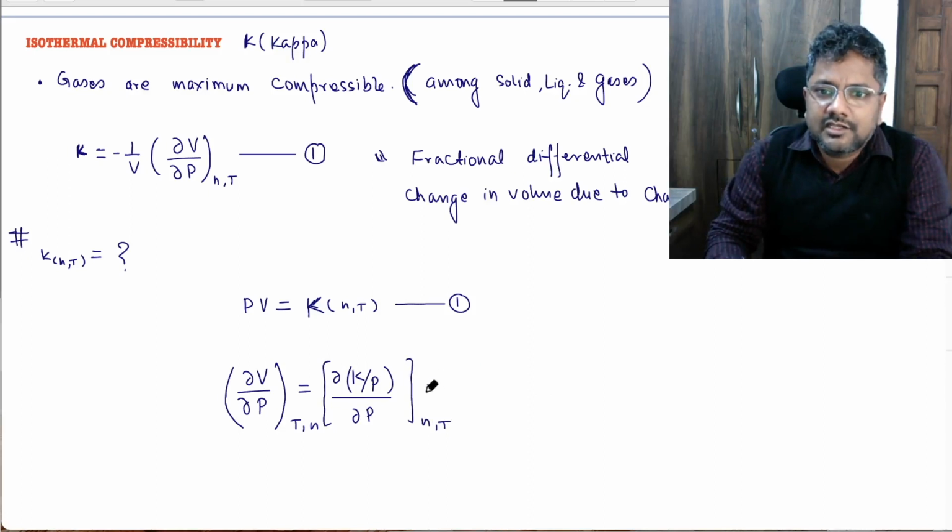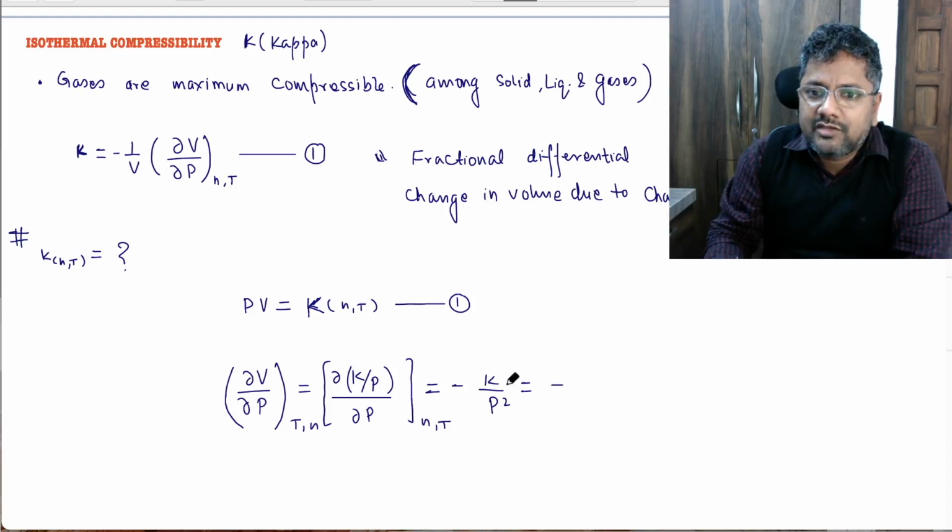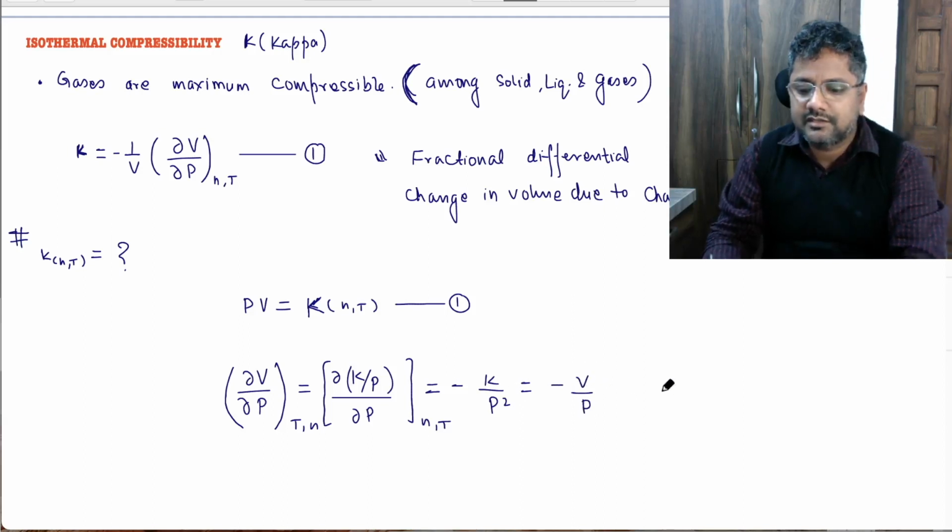And this is equal to minus K by P square, and K is equal to PV, so minus PV by P square, P cancels, minus V by P, right?